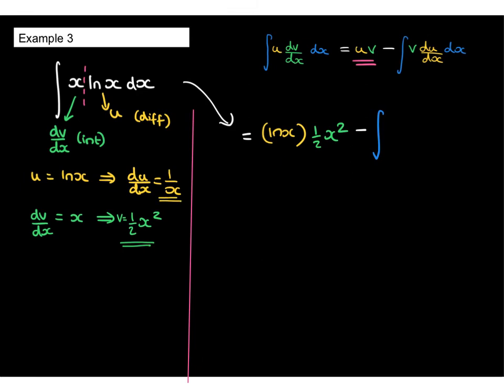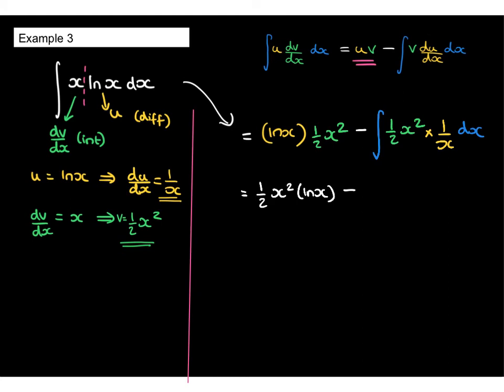So have a look at what's going to happen in a second. We have a half x squared multiplied by 1 over x. So the first part of this I would neaten up and write as a half x squared ln x to ensure we have full clarity.